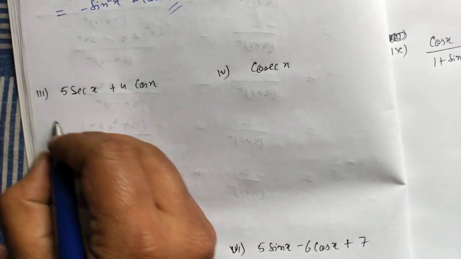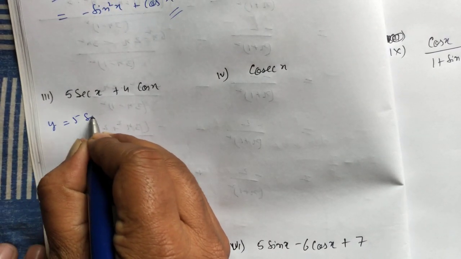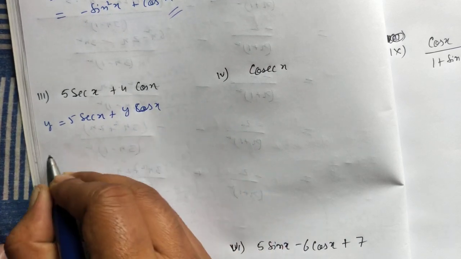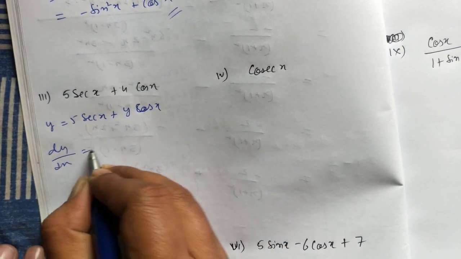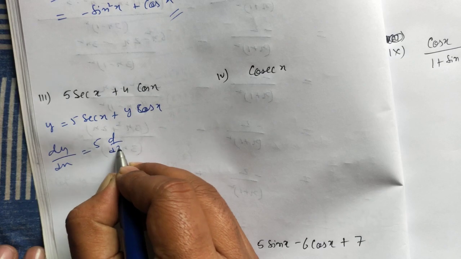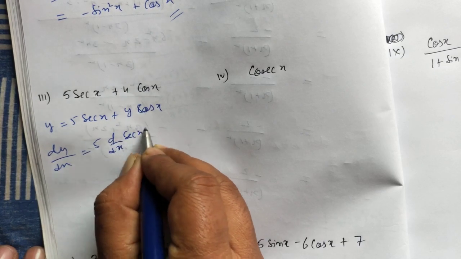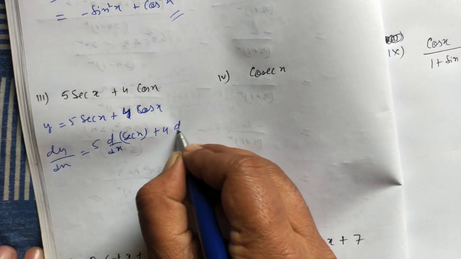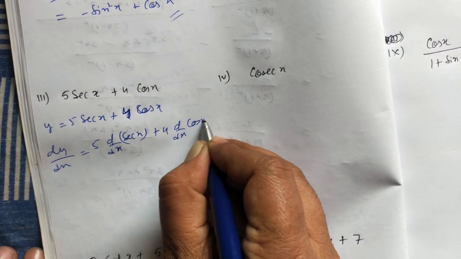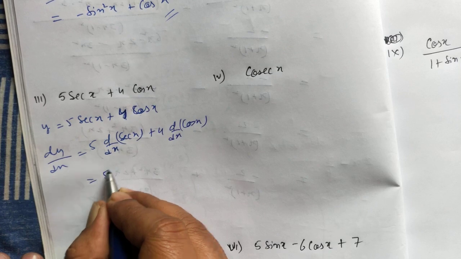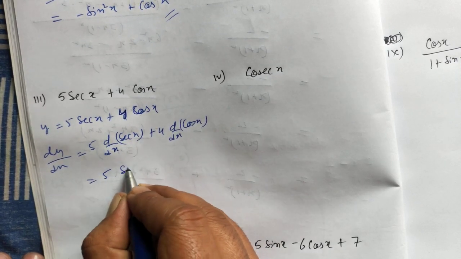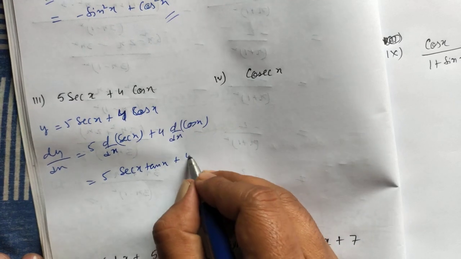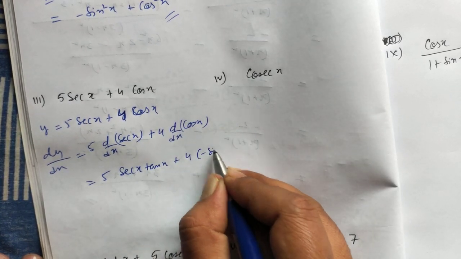Let's do this. Dy by dx is 4, okay? Derivation of sec x is sec x tan x, and derivation of cos x is minus sin x.